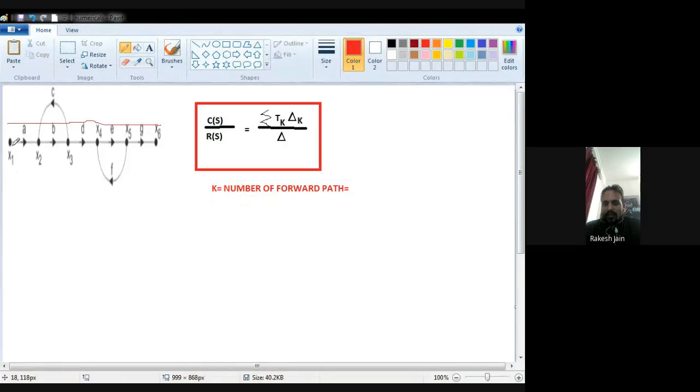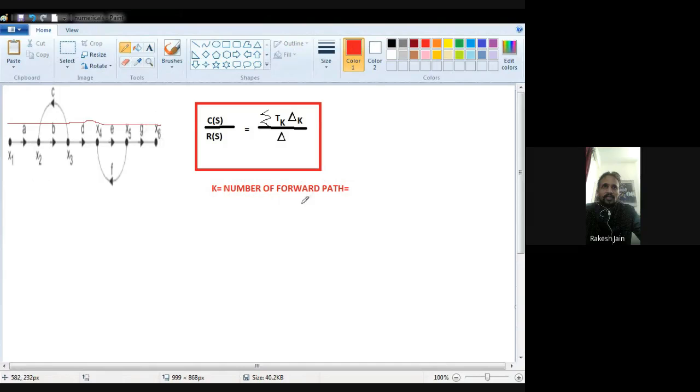We select the forward path direction depending on the given direction of the arrow in the question. So I start from x1, the arrow is towards x2, then towards x3, x4, x5, then towards the last node x6. So this is a straightforward path without repeating any node or branch. So this is my first forward path.